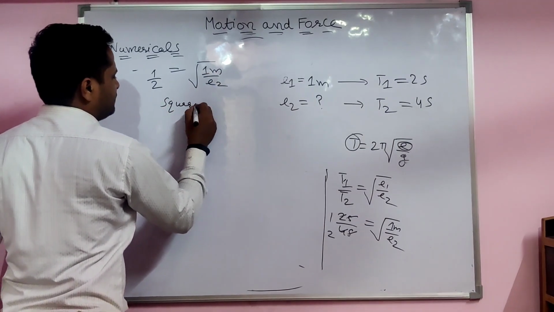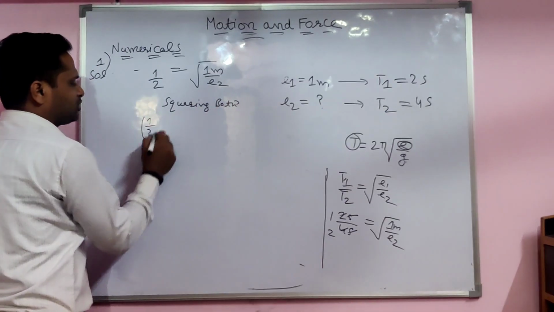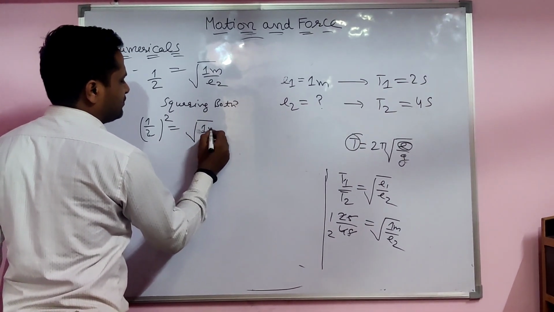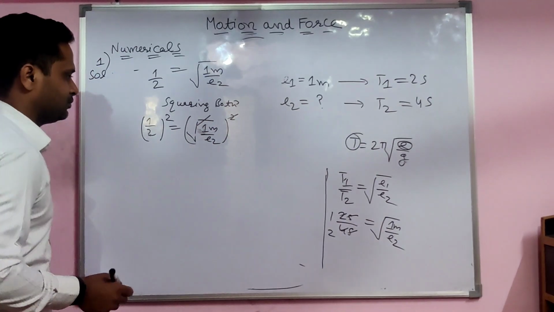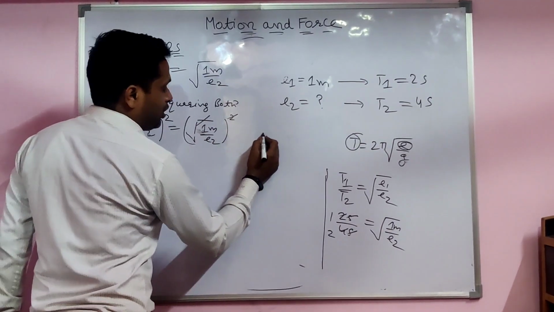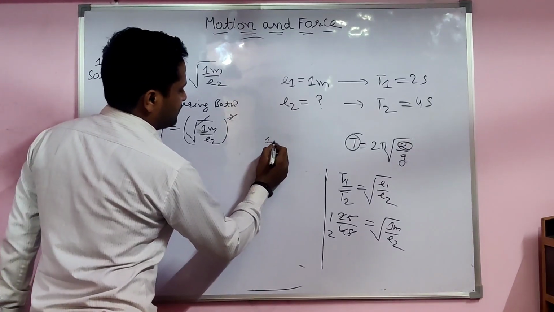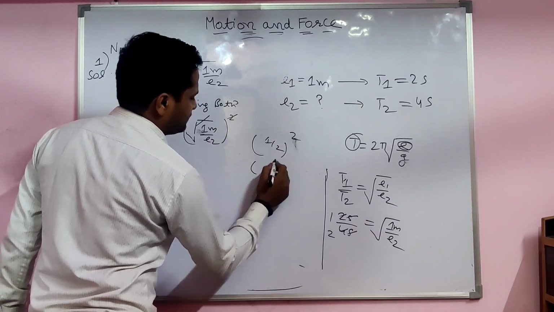Squaring both sides. When you square both sides, then the under root on this side cuts. Why? Because under root is the power half and outside 2 is there.